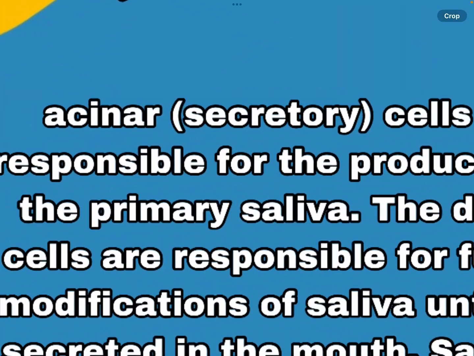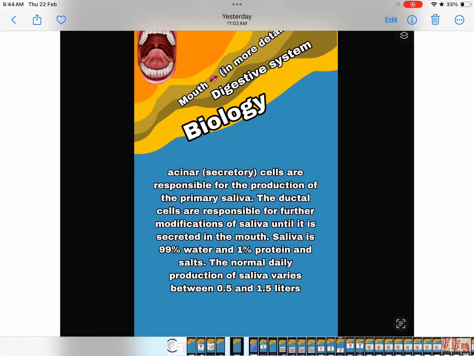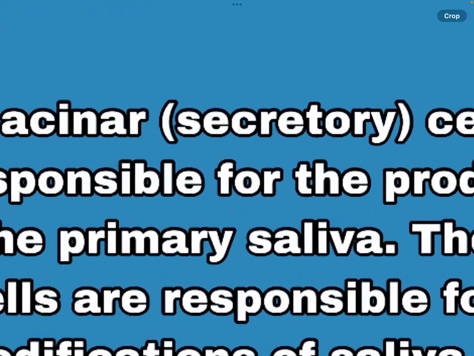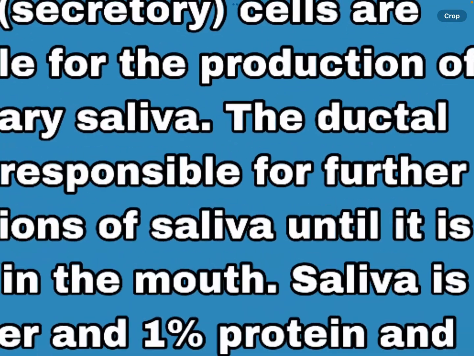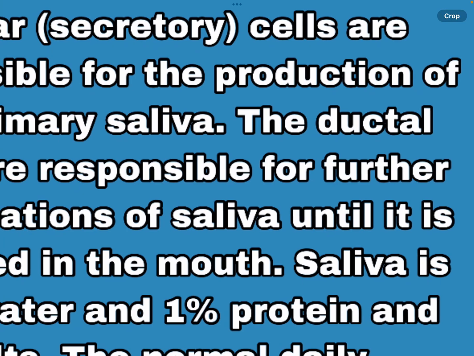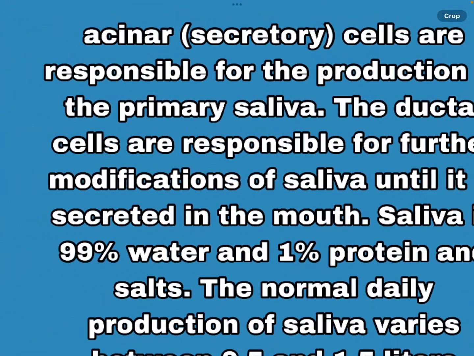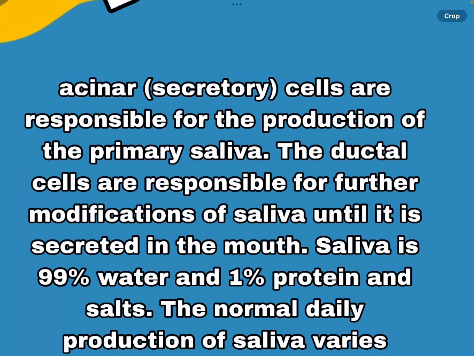Well, saliva consists of acinar cells, which produce saliva. What is saliva? Saliva is spit. So the acinar cells are responsible for the production of primary saliva.